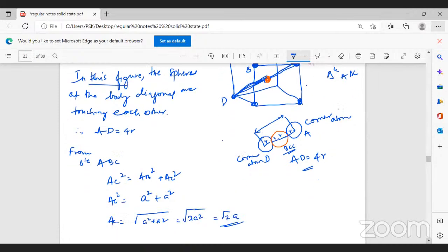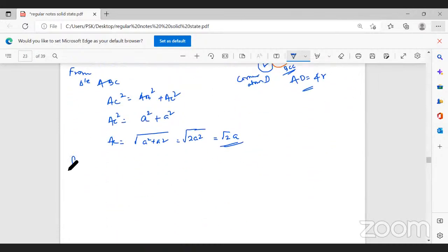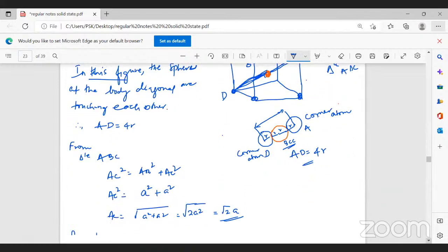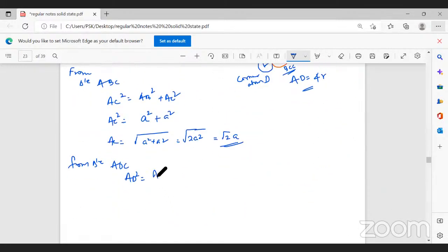Now from the triangle ADC, what will be AD square? AD square will be AC square plus DC square. Very good.